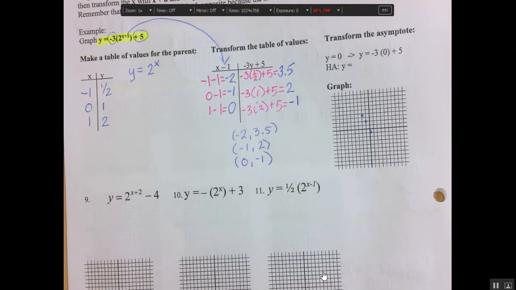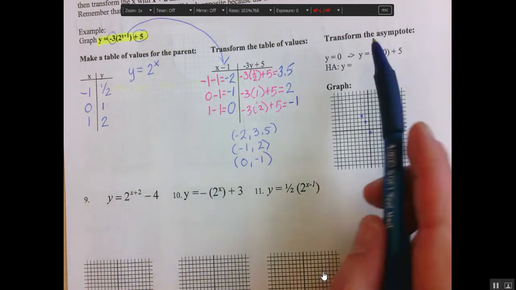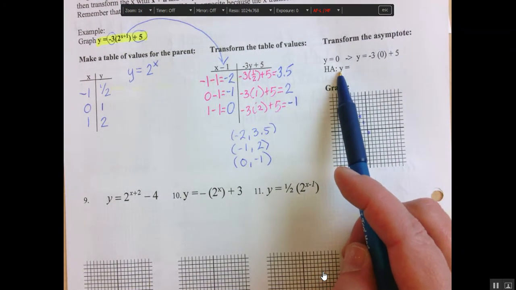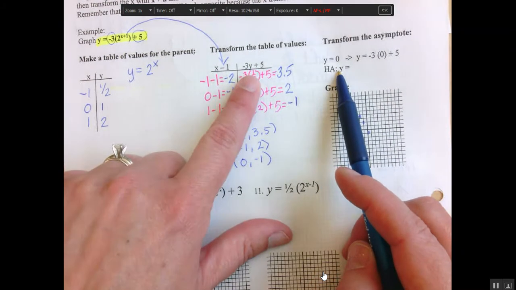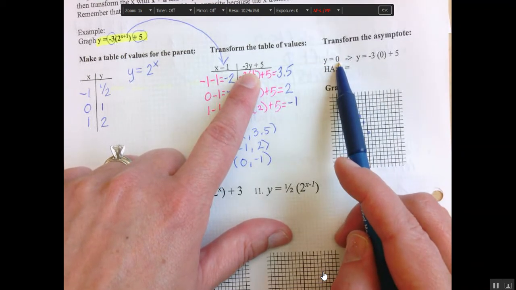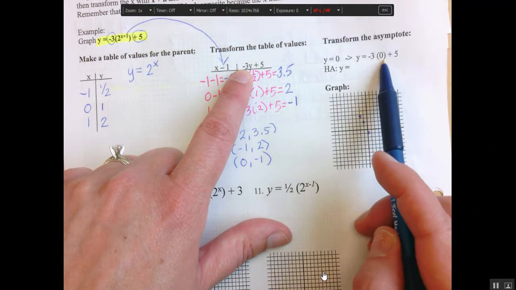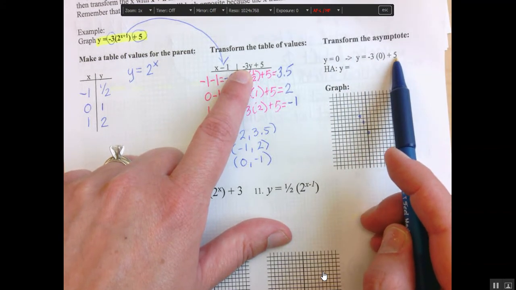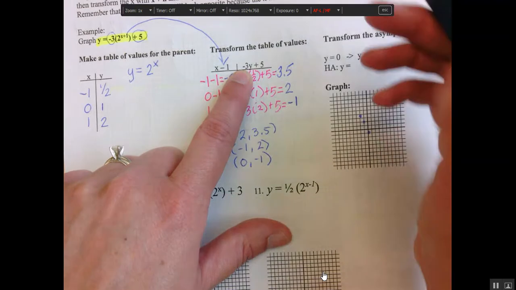My horizontal asymptote was also changed, and because the horizontal asymptote is a y equals equation, you can plug it into the same y equals function here. So normally it's y equals 0. If I plug 0 in, I have negative 3 times 0 plus 5, so it shifted where? Y equals 5.